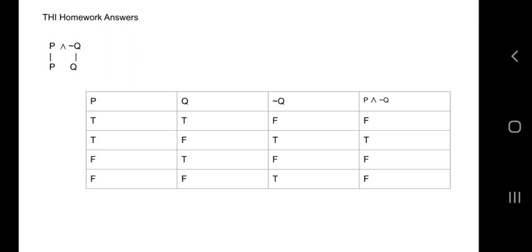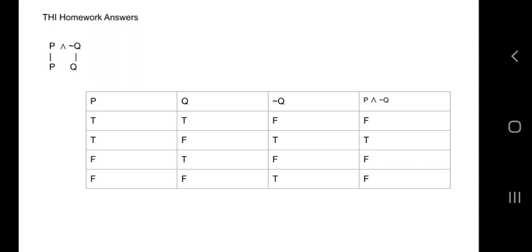So the first row is false, the second row is true because both P and not Q were true in that row. And then in the bottom 2 rows, P and not Q is false because at least one of the 2 is false. So that's that for this problem. Sorry about the decomposition tree. I forgot about that one part. But yeah.